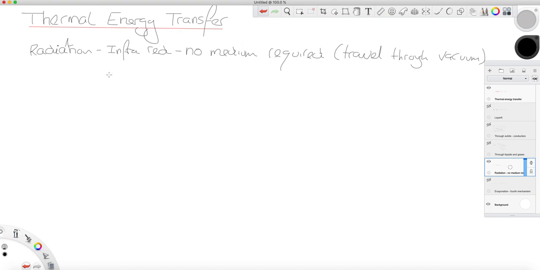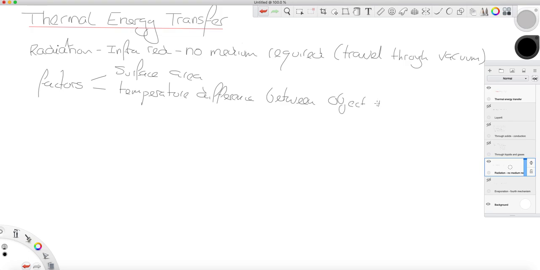So a few things about radiation. The factors that affect the loss of heat by radiation. You have surface area. So if you want something to cool more quickly, increase the surface area over which that cooling takes place. The temperature difference between the object and the environment.